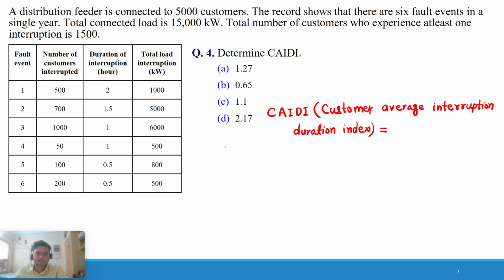So it is defined as the customer interruption duration divided by total number of customer interruptions.